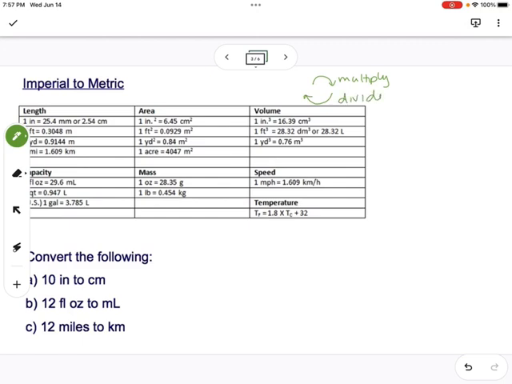The first one here, we want to go inches to centimeters. Inches to centimeters is that first conversion there. Going from inches to centimeters, left to right, we multiply. So 10 times 2.54, we get 25.4 centimeters.